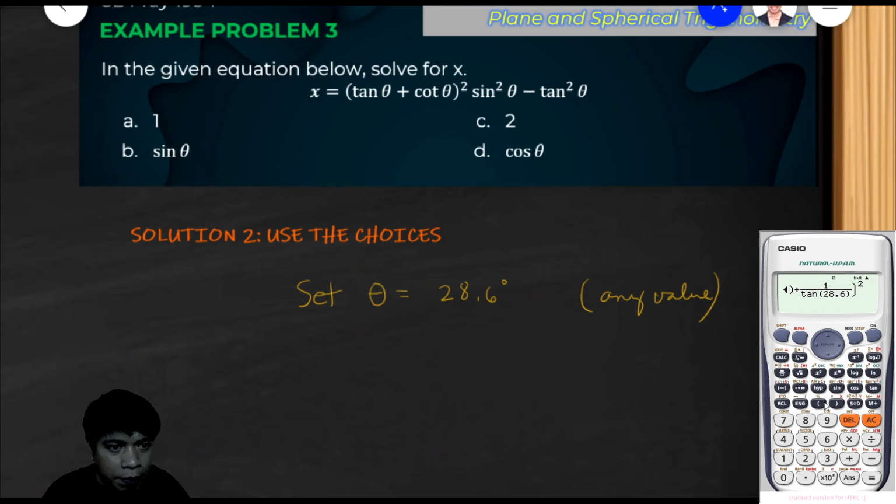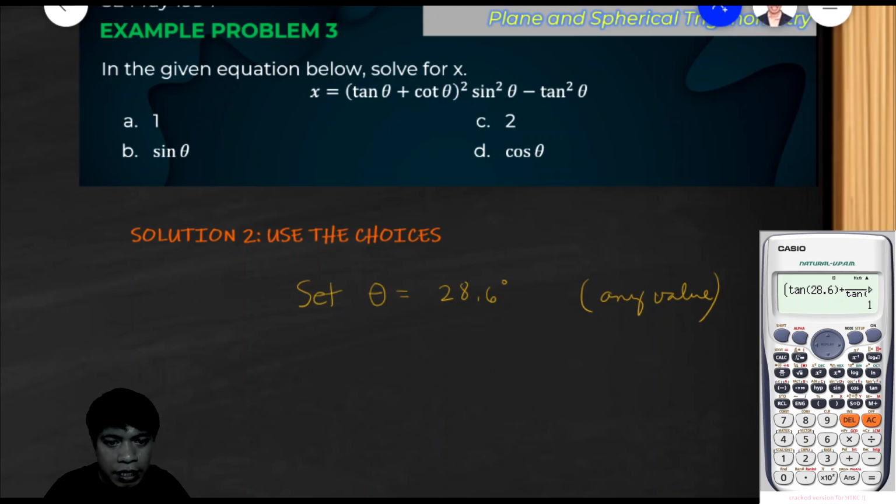Then multiply by sine of 28.6, squared. Then minus tangent of 28.6, squared. So of course, our answer in the calculator is 1.